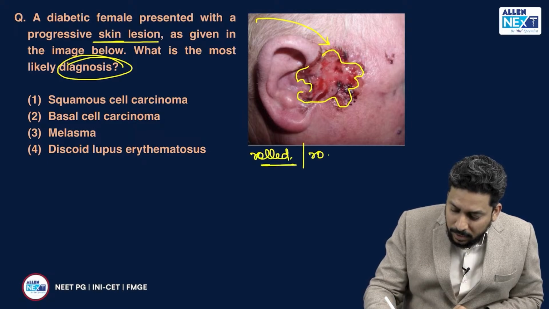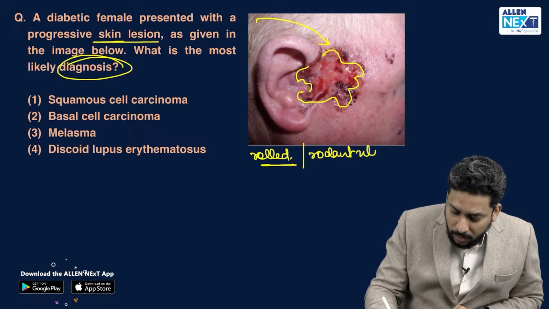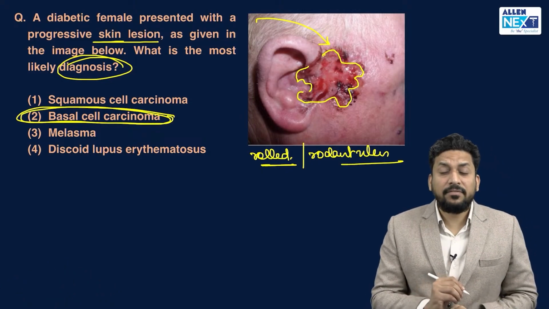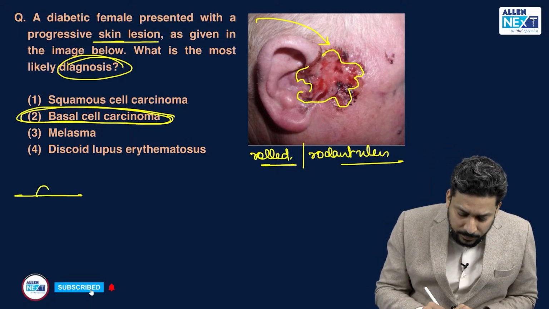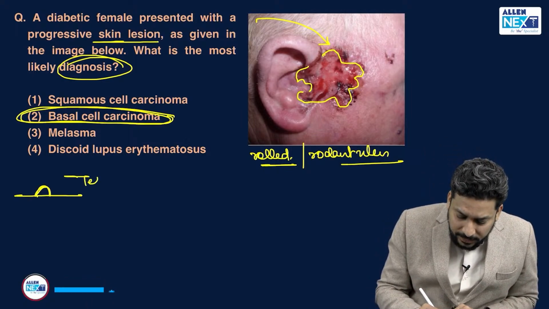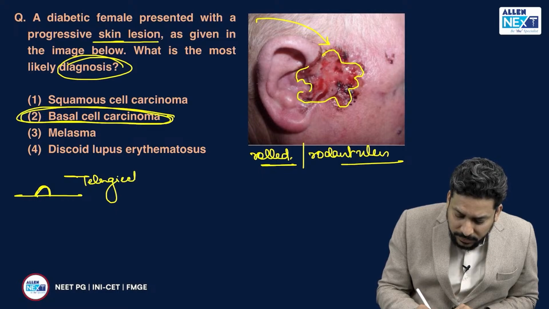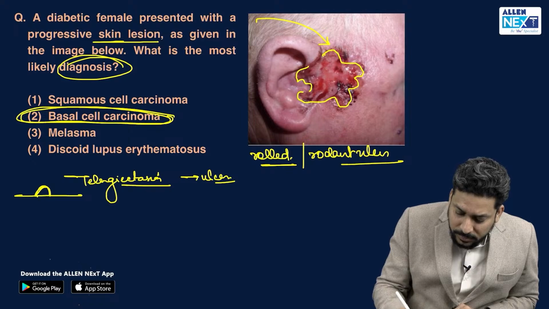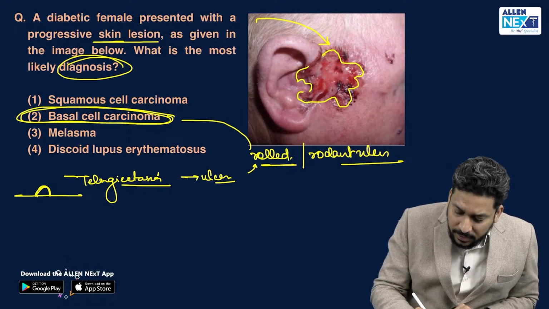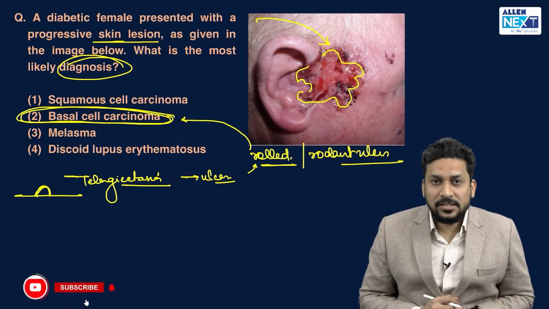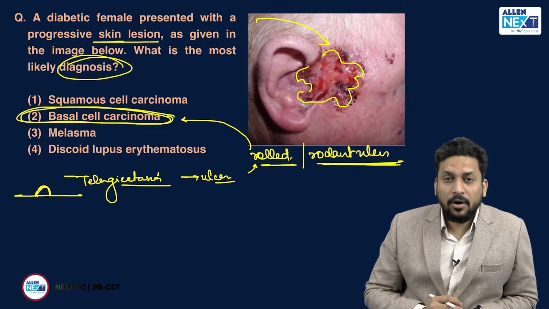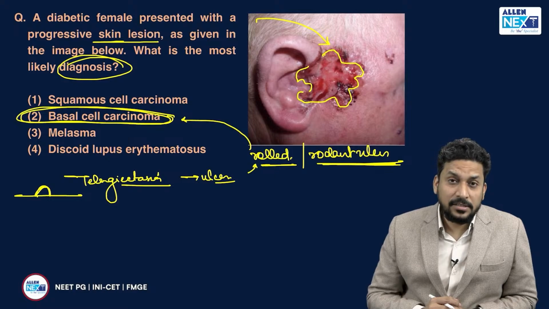So this is a rodent ulcer or simply basal cell carcinoma. Generally, when these lesions develop, they are papular and gradually telangiectasia start developing over them, and later they might ulcerate, forming lesions with characteristic rolled edges or pearly beaded edges. Rodent ulcers or basal cell carcinoma present similarly.